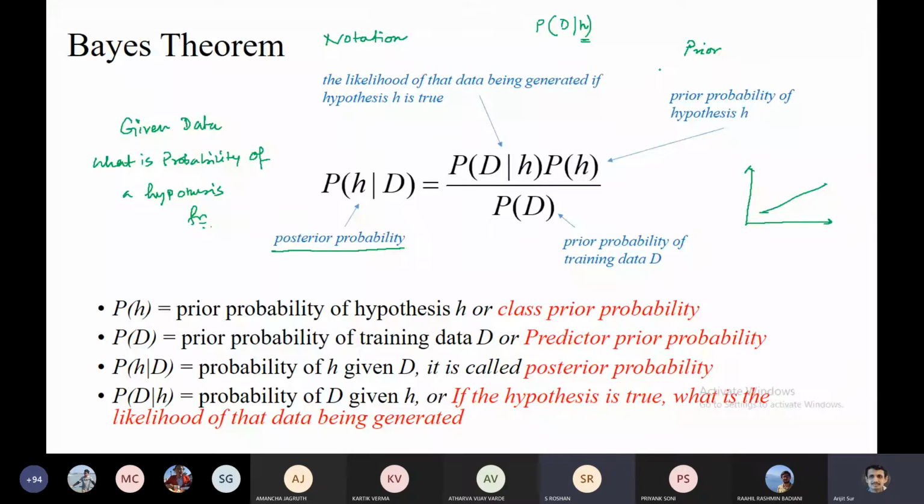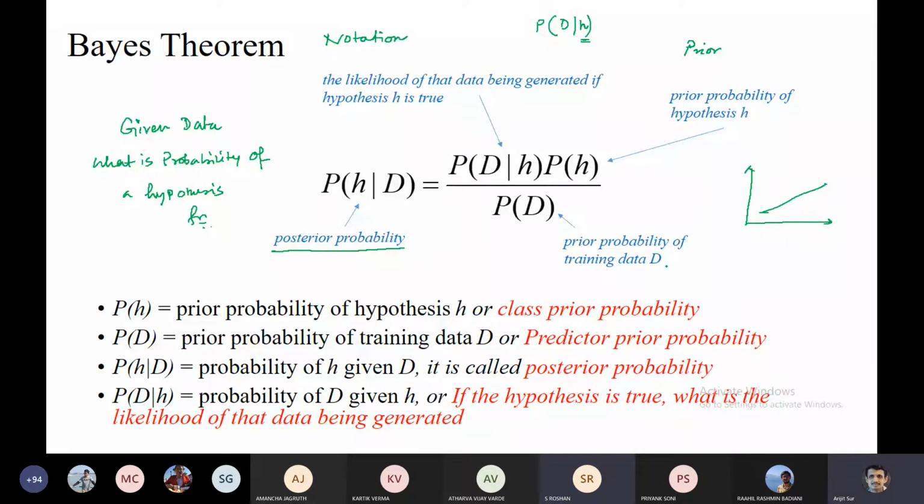And what is P of D? This is also very complex. It is the prior probability of the training data. Sometimes there is some sort of noise. How probable is the data? You should not say how accurate it is, but what is the probability of the data. So it's a data prior.